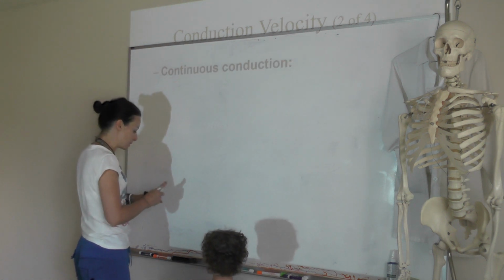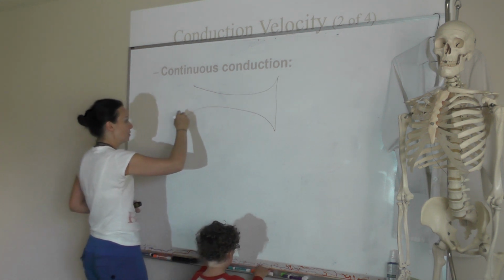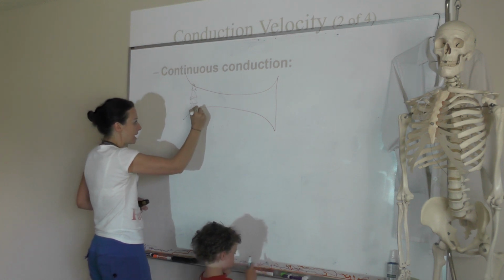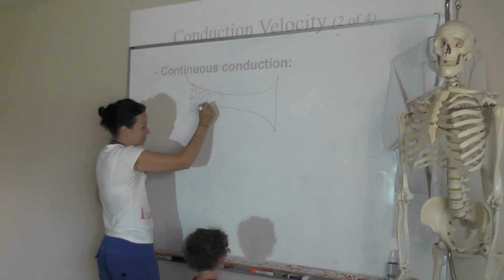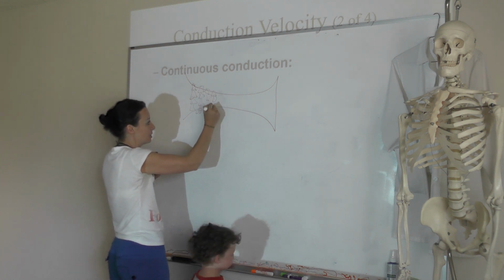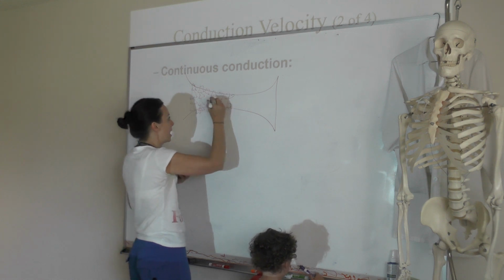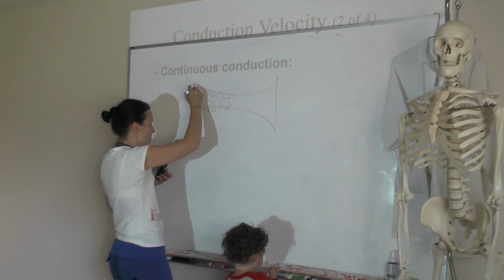In continuous conduction, this is kind of what I drew a moment ago, you have to regenerate the action potential at every segment of the neuron, because you just have to. You've got to have voltage-gated sodium and voltage-gated potassium channels down the entire length of your neuron, and you regenerate the action potential here by opening your voltage-gated sodium channels and depolarizing.